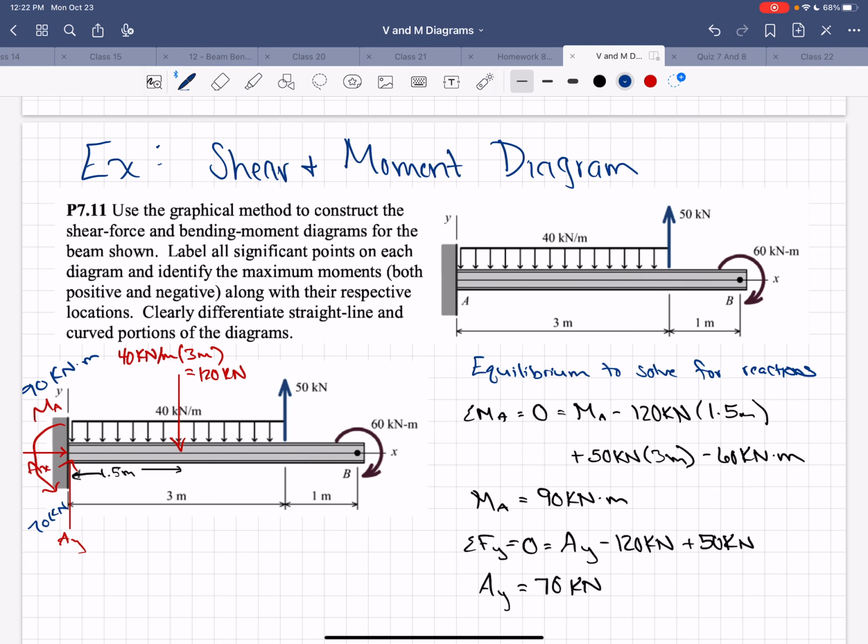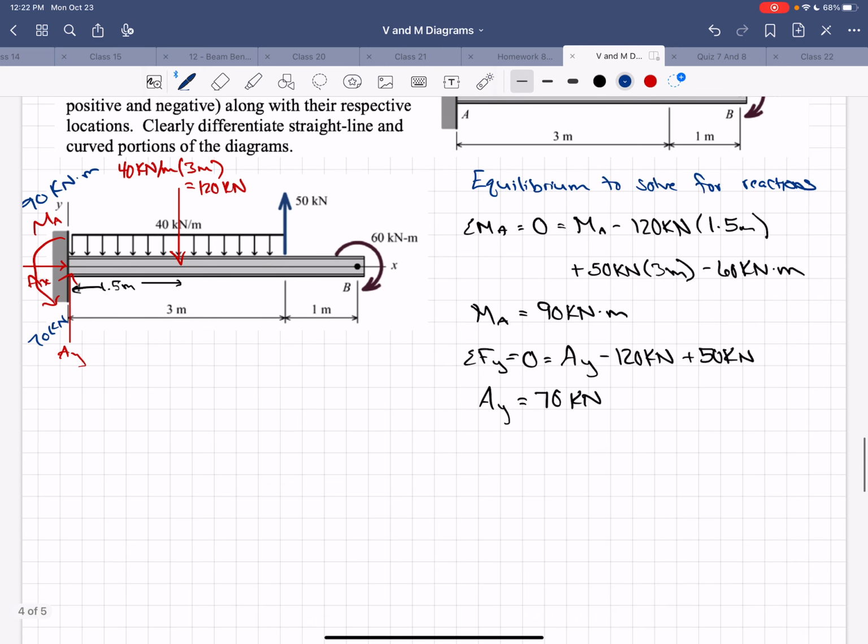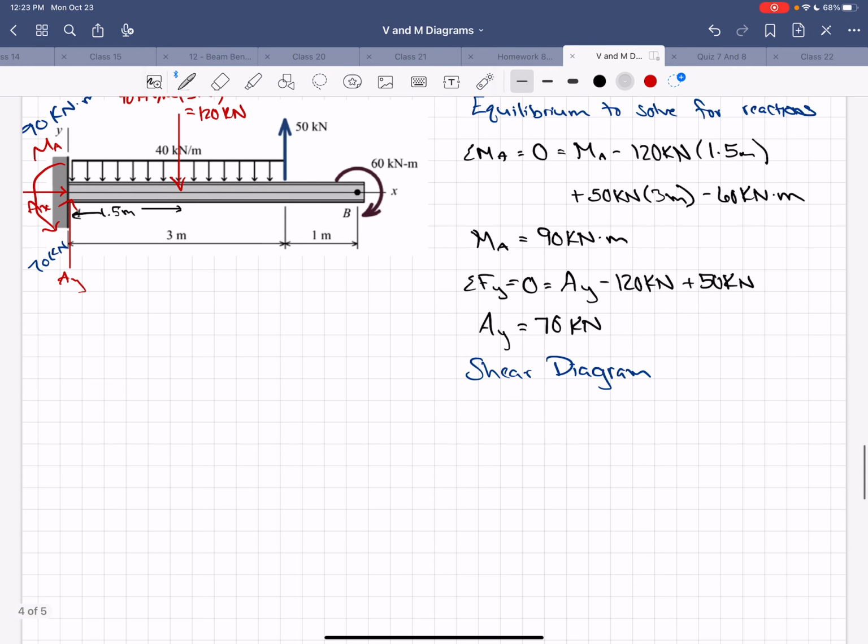All right, so next step is to draw a shear diagram. The shear diagram is related to the load diagram. So everywhere with a significant point on the load diagram, we're going to draw a line. This is not a significant point.